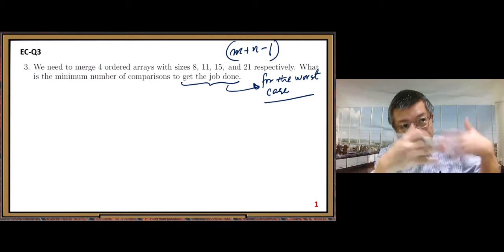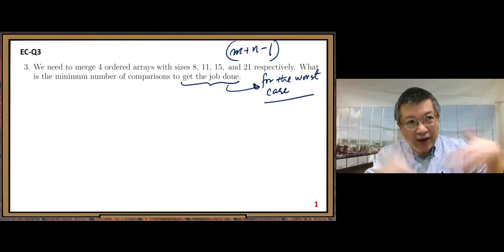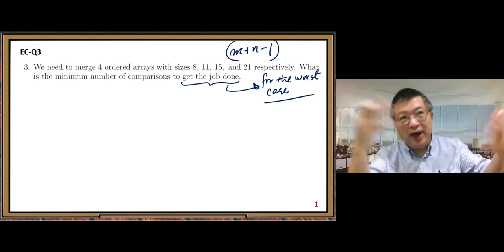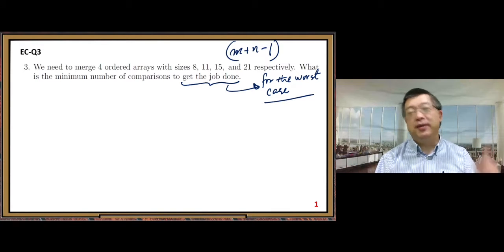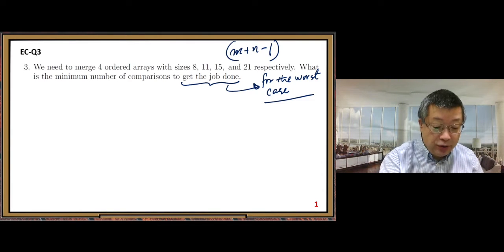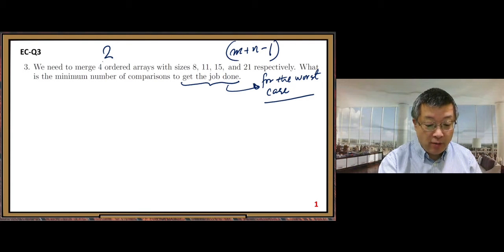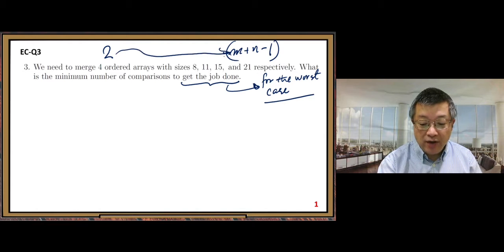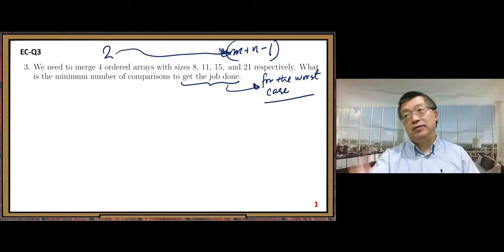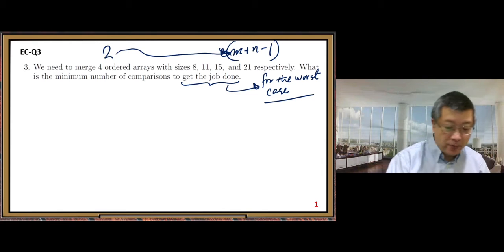And then we work on it, get some experience, then work on this case. With 4 ordered arrays, if we start from 2 ordered arrays, that's trivial, right? If the number of ordered arrays is 2, then we apply this formula directly and it's solved. All right, so now the next case.